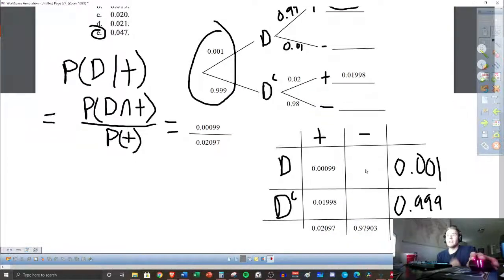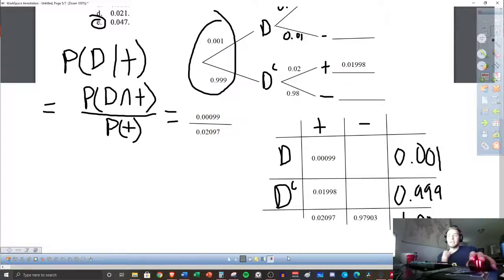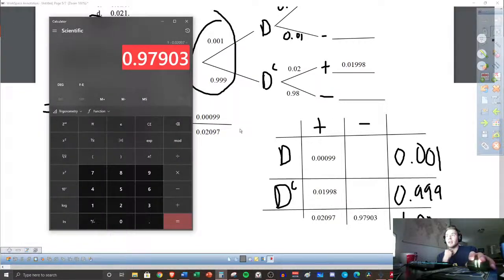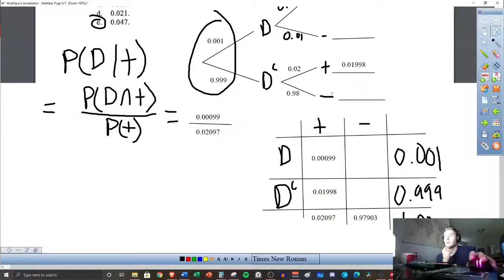Okay. Now the negatives here, we can just find by subtraction, or we could do the multiplication. So I'm going to do this. We're going to put 0.999 times 0.98. This value should go right here. That's what should go there.